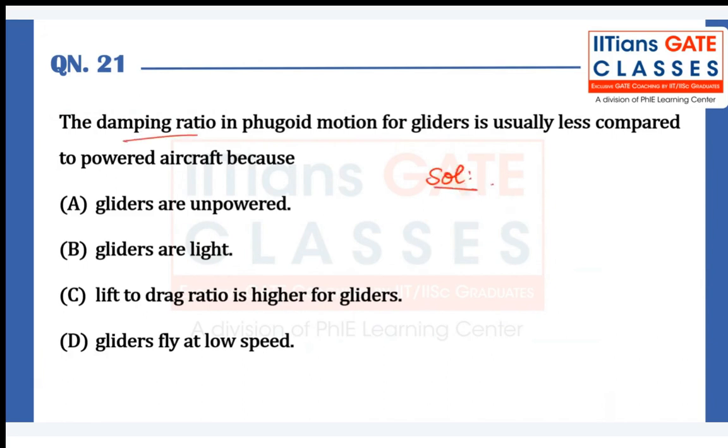Recall that the damping ratio is basically 1 by root 2 times CL by CD. This is the expression for the phugoid mode.